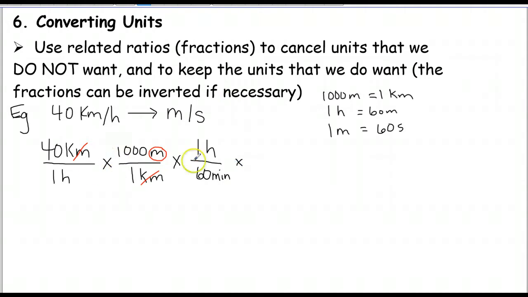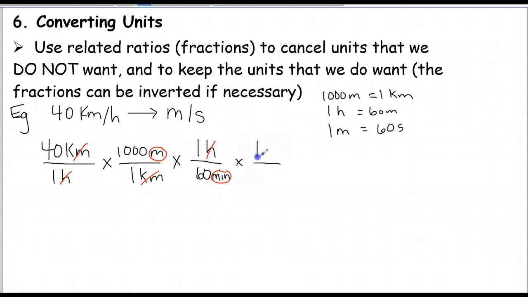And you'll notice hours on the top of a fraction versus hours on the bottom cancel each other out. It's like saying hours divided by hours, or 2 divided by 2. Remember, anything divided by itself is 1 and cancels out. So now we're left with meters and minutes, but we want meters per second. So the next thing we want to do is use our last relationship. We want to get rid of the minutes, meaning we want to cancel them out.